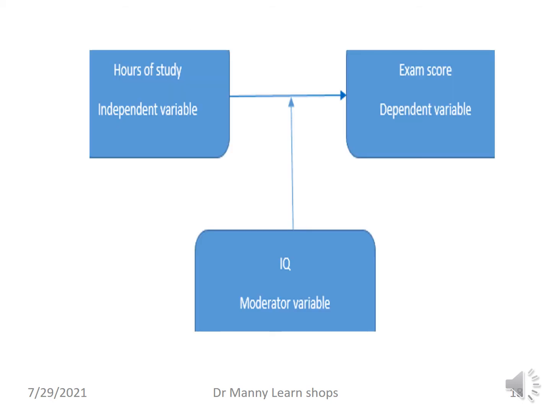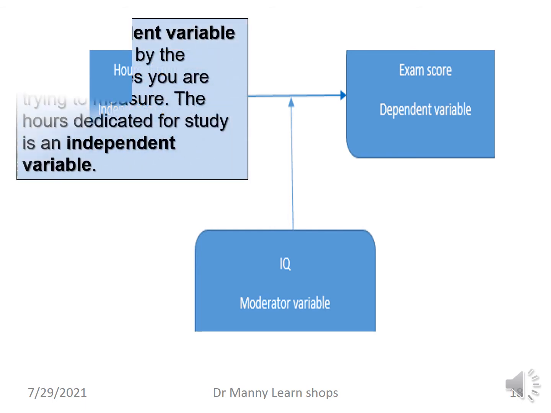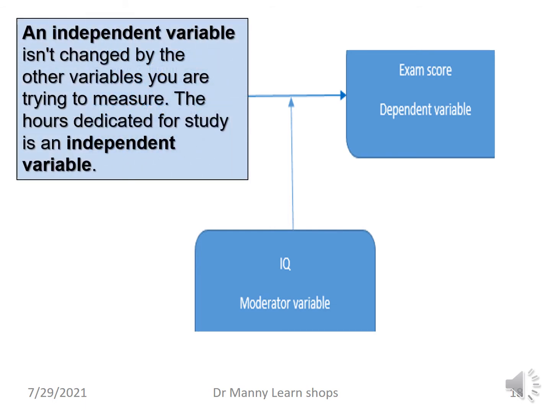So for example, you could have hours of study, which is an independent variable, the exam score, which is the dependent variable which you want to investigate, and in between that you've got the moderator variable. So an independent variable isn't changed by other variables you're trying to measure.